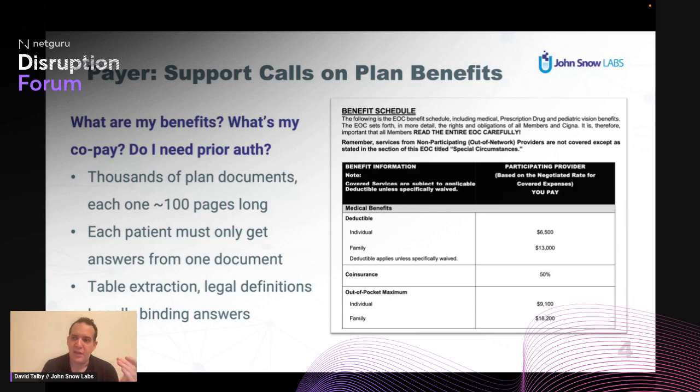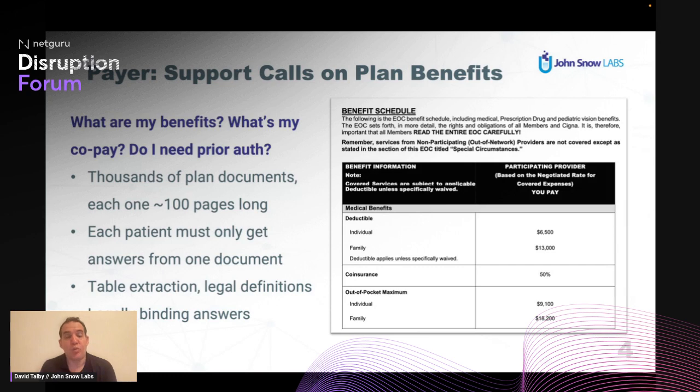So if I'm on the Arizona Silver Plan X701 from 2019, and I call customer support and say, I need braces, I need a hearing aid, I need something else, how much will I need to pay? The only correct answer is an answer from that very specific document that describes my own plan.